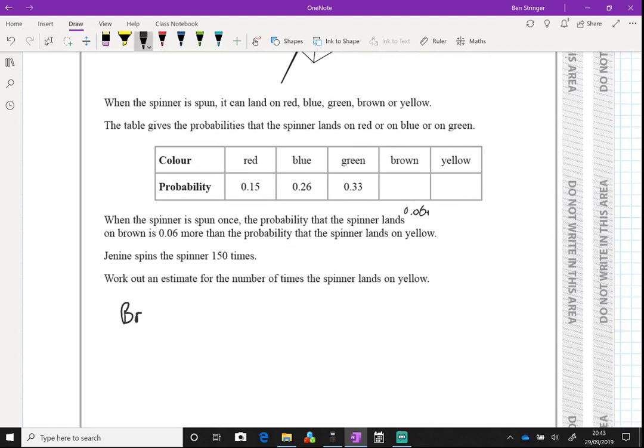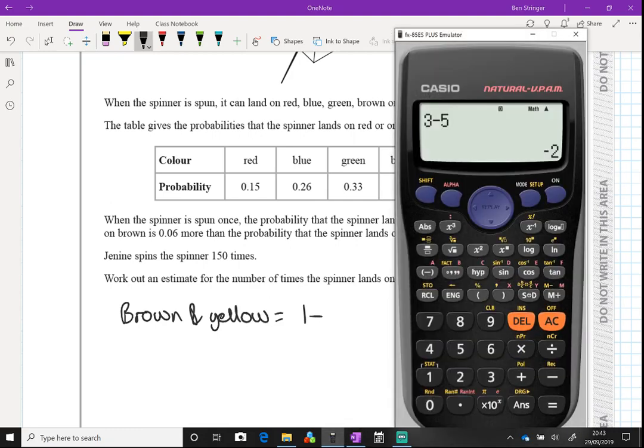So the brown and the yellow probability is going to be 1 subtract 0.15, subtract 0.26, subtract 0.33, which gives 0.26.